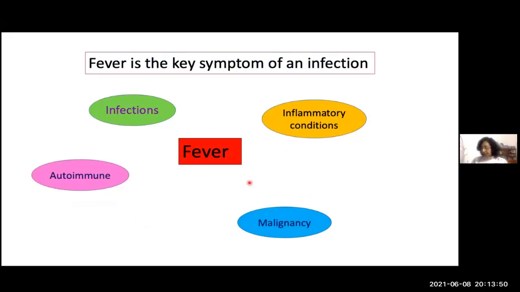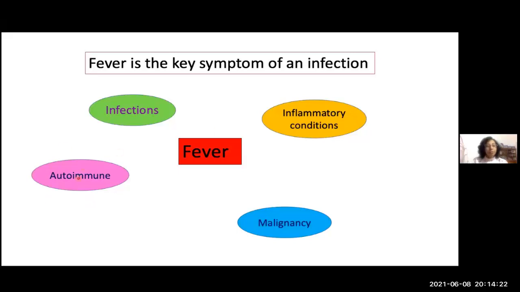Okay, coming on to fever, which is the key symptom of an acute infection. Now, although fever is a presenting feature of an infection, it's a very non-specific clinical symptom. Fever can be there in many other conditions as well, like inflammatory conditions, for example, inflammatory bowel disease, juvenile idiopathic arthritis, right?